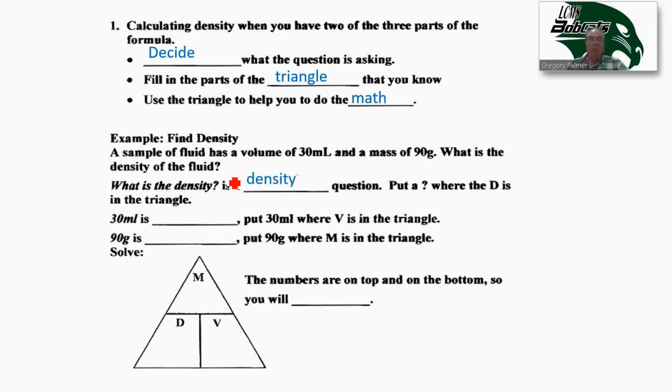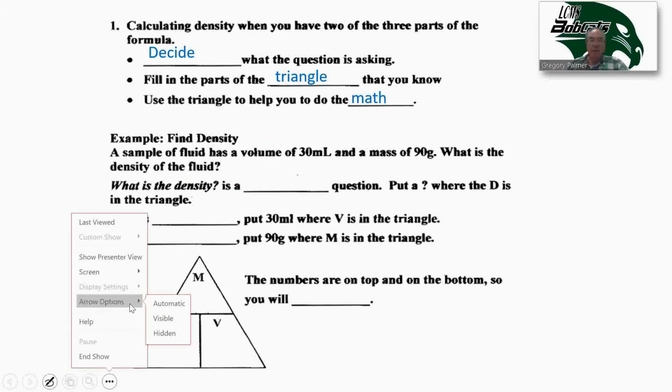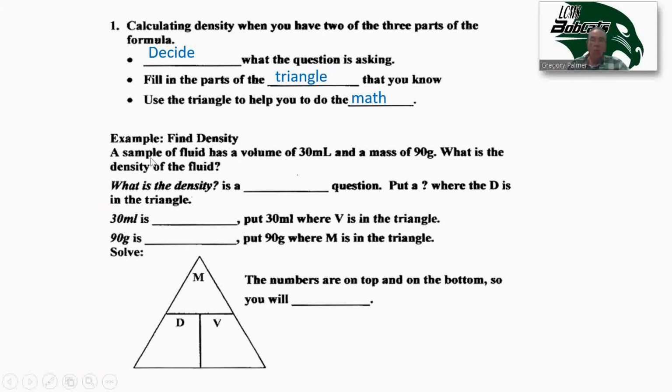So we have an example problem here. It says, a sample of fluid has a volume of 30 milliliters and a mass of 90 grams. What is the density? What is the density is the question. So we're going to put a question mark where we see density in the triangle. 30 milliliters is volume, so 30 milliliters goes on the bottom. 90 grams is mass, so it goes on the top.